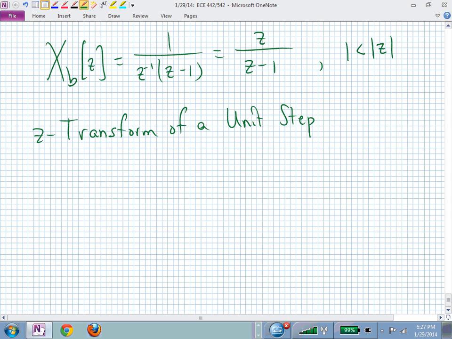and we call that condition the region in the complex plane where we have convergence, or the region of convergence. And you might see that depicted. Here's my z-plane, and I now need to shade in that z-plane all values of z that allow this transform to exist or to converge.